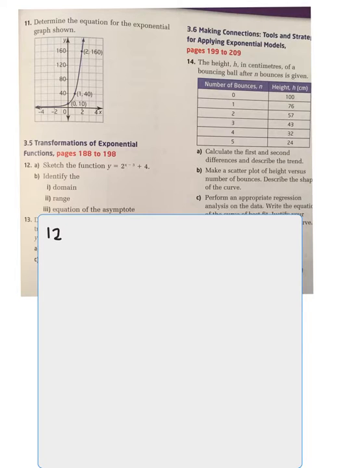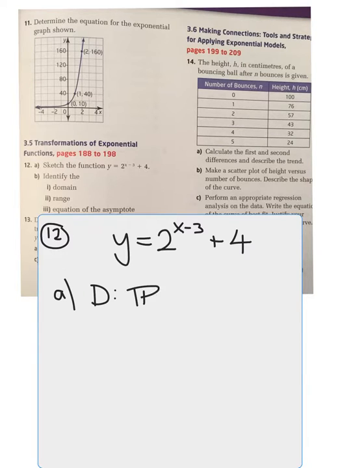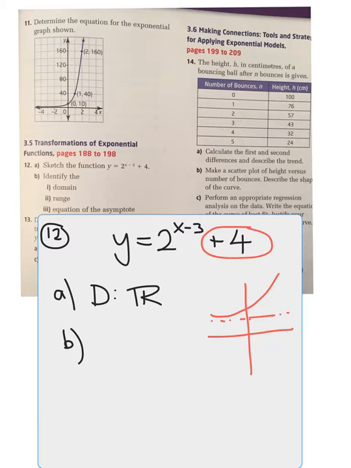Question 12. Y equals 2 to the x minus 3 plus 4. Domain is easy, all real numbers. Range always revolves around this last number, and the graph is going to look something like this, with 4 being the upward shift, and that value there is y equals 4, which will be answer C, I think.